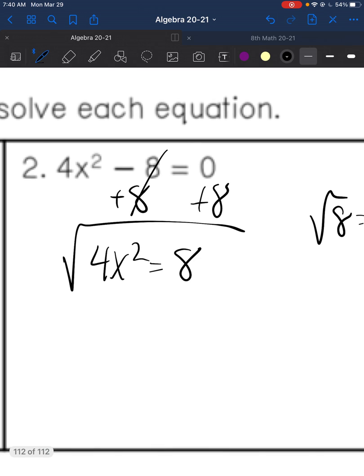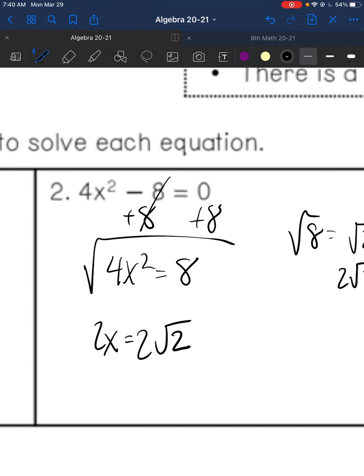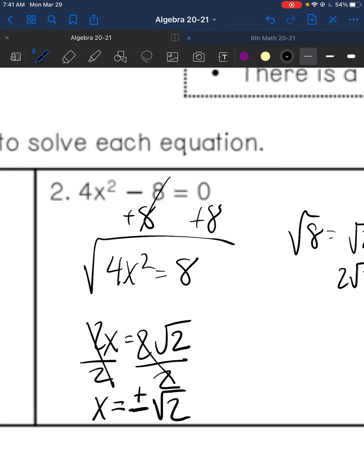And if I simplify this, this is 2x equals 2 square root of 2. I want x by itself, so I'm going to divide by 2 on both sides. Those cancel out, that equals 1, 2 divided by 2. Same thing here, those simplify. So x equals plus or minus, because remember there's both the positive and the negative, square root of 2.